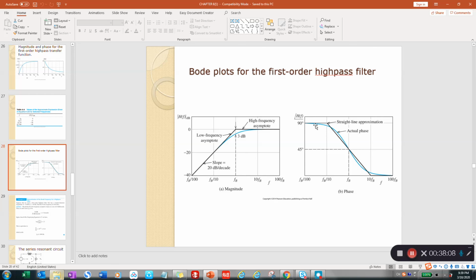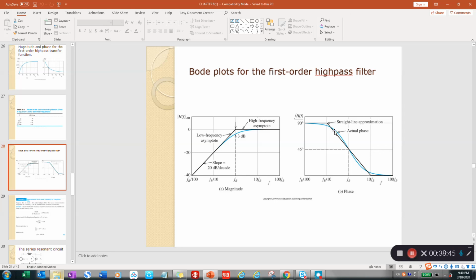So we know that for all frequencies less than a tenth of the break frequency, you are going to have 90 degrees. And for a higher frequency, let's say 10 times FB, you are going to get 0. If you continue to increase the frequency, let's say 100 times FB, then your phase will be equal to 0. So we get another segment of straight line.